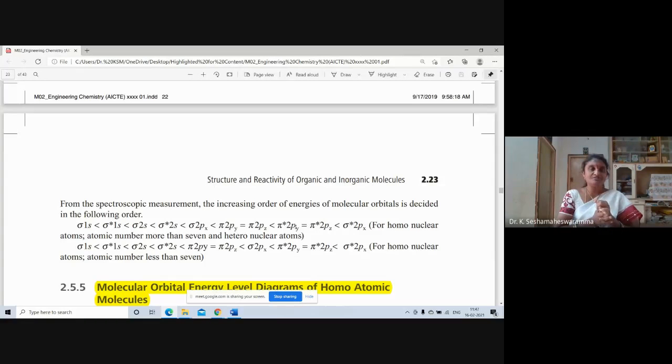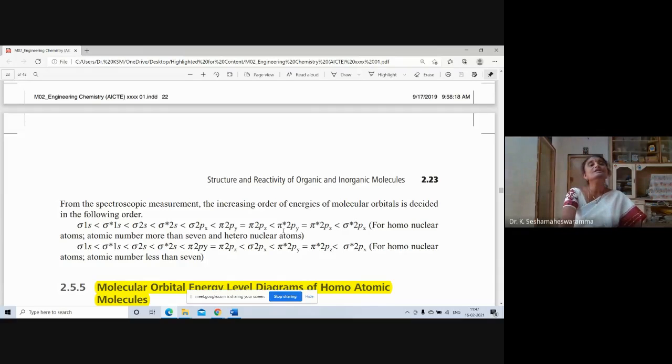With spectroscopy, the order is: sigma 1s, sigma star 1s, sigma 2s, sigma star 2s, sigma 2px, then pi 2py equal to pi 2pz. These two are exactly equal. And then pi star 2py equal to pi star 2pz, then sigma star 2px.